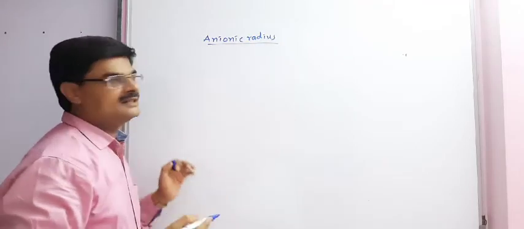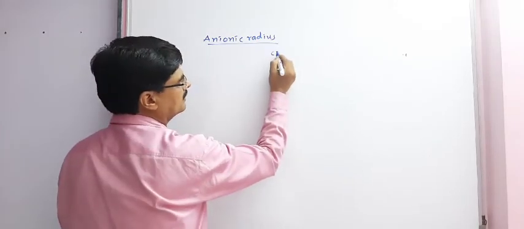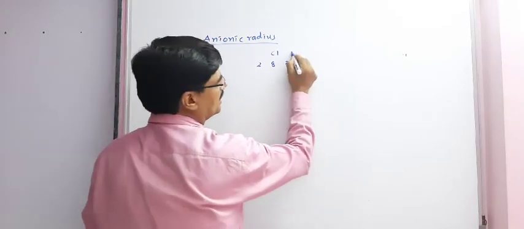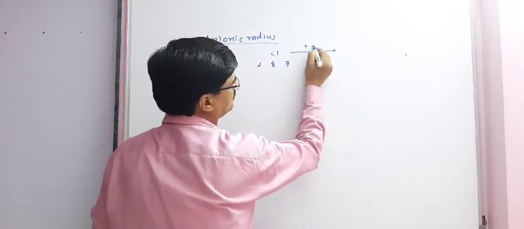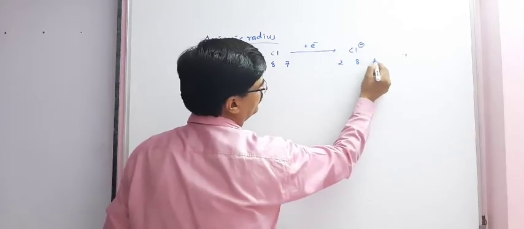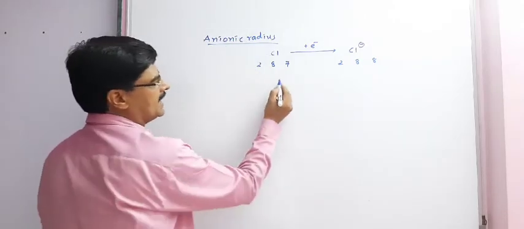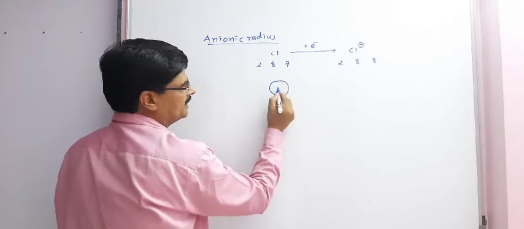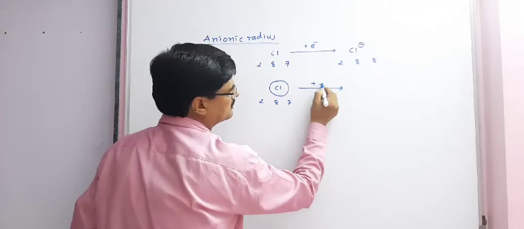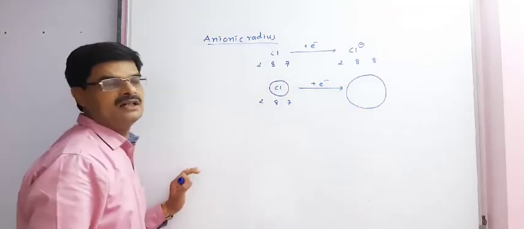To understand the anionic radius, we can take the example of chlorine. Chlorine's electronic configuration is 2, 8, 7, but after receiving an electron it converts to Cl minus and the electronic configuration becomes 2, 8, 8. So if we draw the diagram for Cl, then the anion is bigger in size.